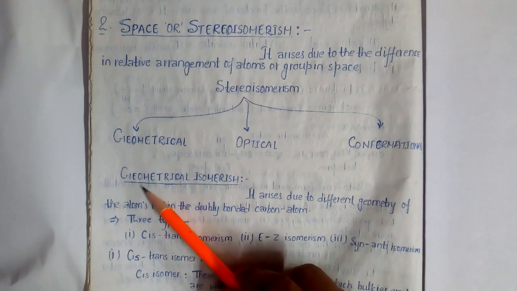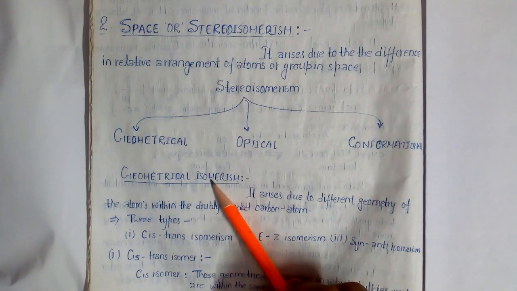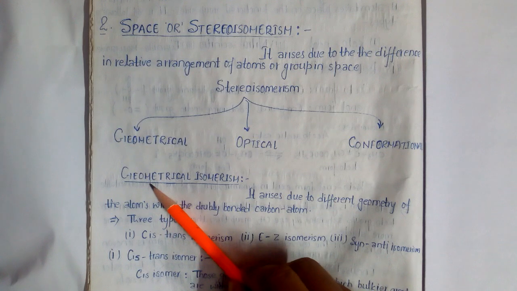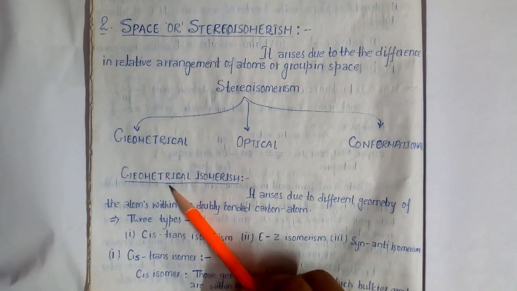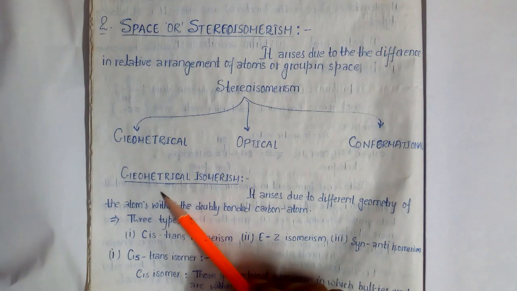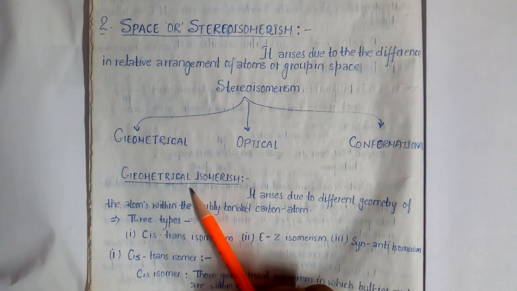As is clear from the name, it is isomerism which arises due to different geometry. What is the meaning of geometry in the case of isomerism? That is the placement of atoms or groups of atoms around doubly bonded carbon atoms, or carbon-nitrogen, or nitrogen atoms.